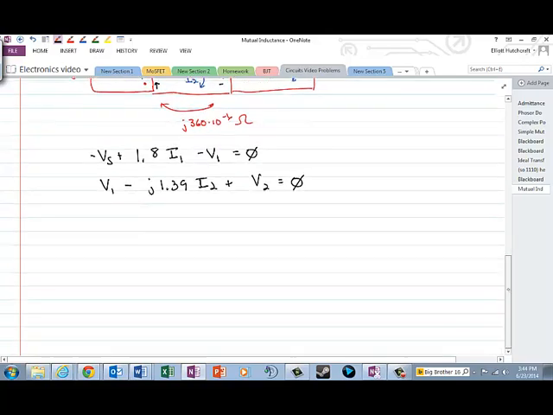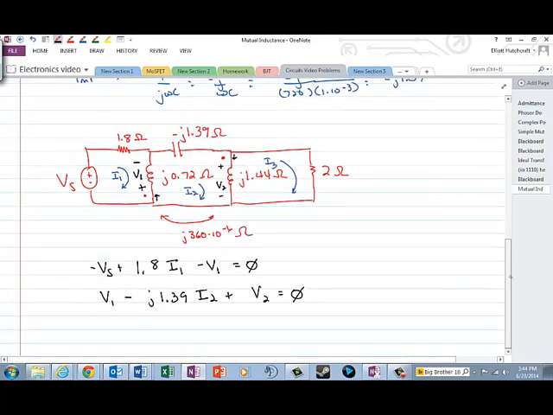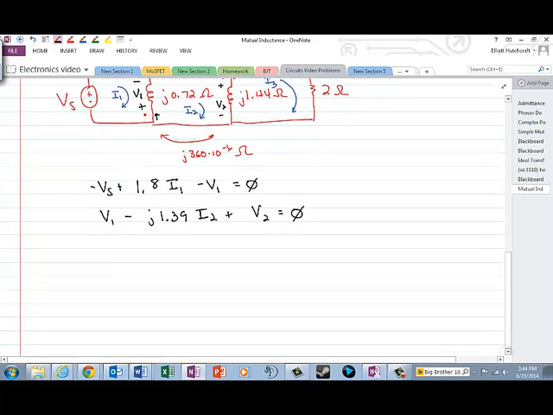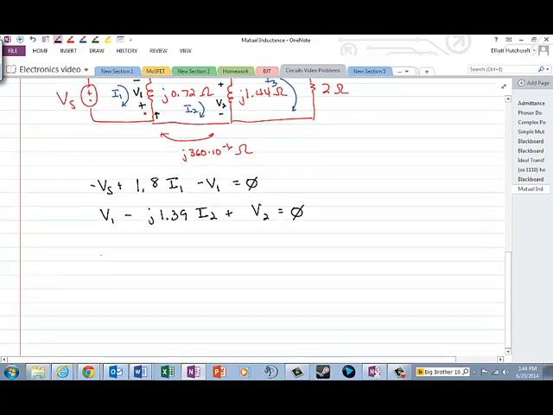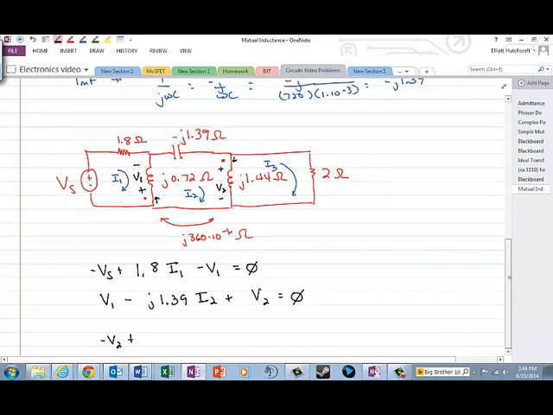Again, that's leaving V2 there so that I can back substitute what V2 is in terms of the currents. And then finally the last loop, minus V2 plus 2 I3 equals 0.